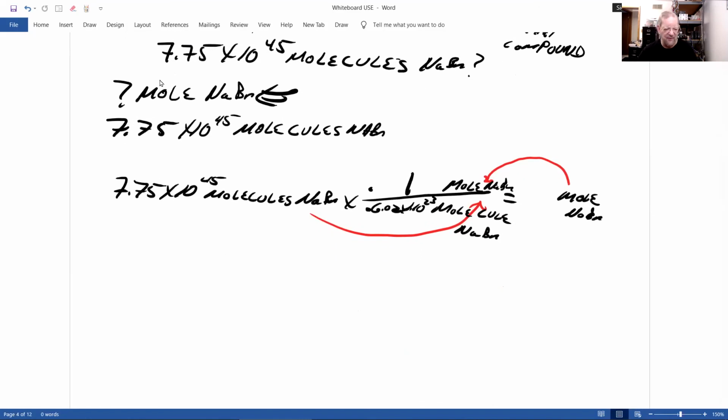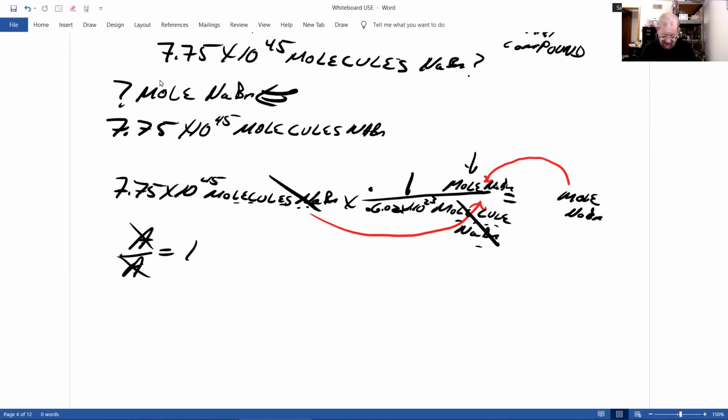Now, remember, anything divided by itself equals the number 1, cancels out. So molecules of NaBr divided by molecules of NaBr, those units cancel out. I'm left with moles of NaBr, sodium bromide, and I'm on the right track. So now I'll pick up my calculator. First, I got to turn it on, clear it, make sure it's in scientific notation.